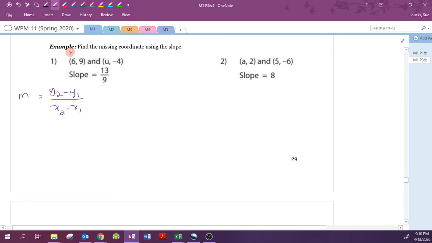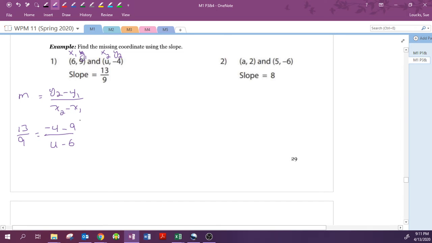So I'm going to label this as x1, y1, x2, y2. So our slope is 13 over 9, and that is going to be negative 4 minus 9 over u minus 6.